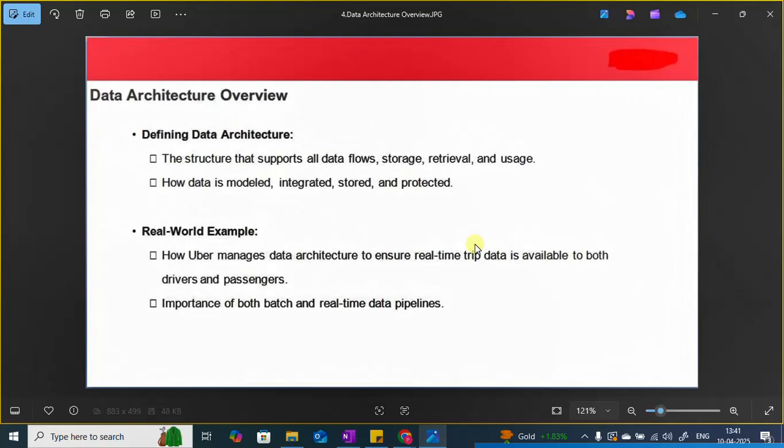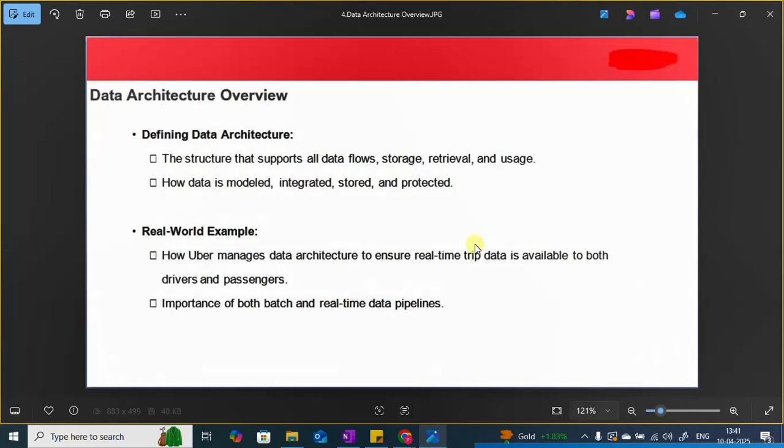Now, architecture overview, defining data architecture: the structure that supports all data flow, storage, retrieval, and usage. How data is modeled, integrated, stored, and protected all comes under data architecture. When I say data architecture, it's not about just a diagram.